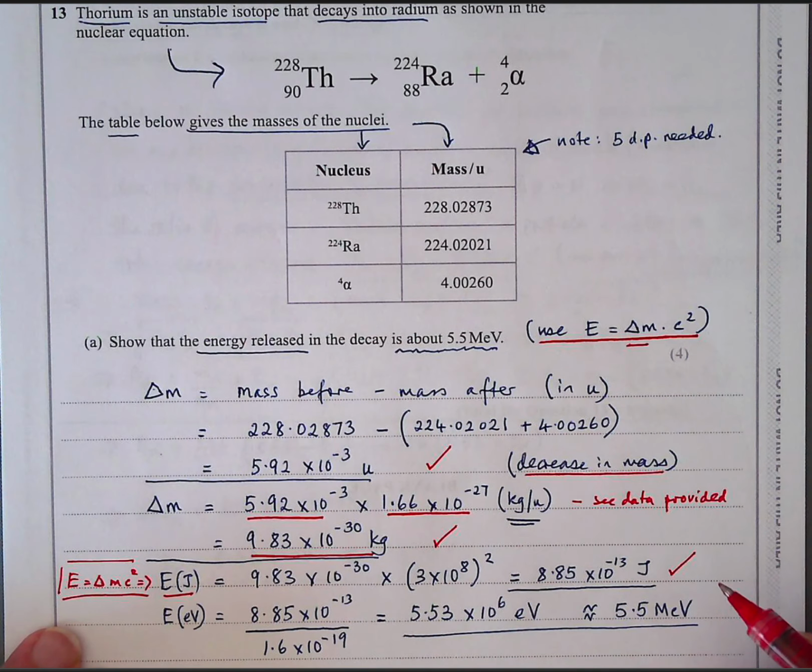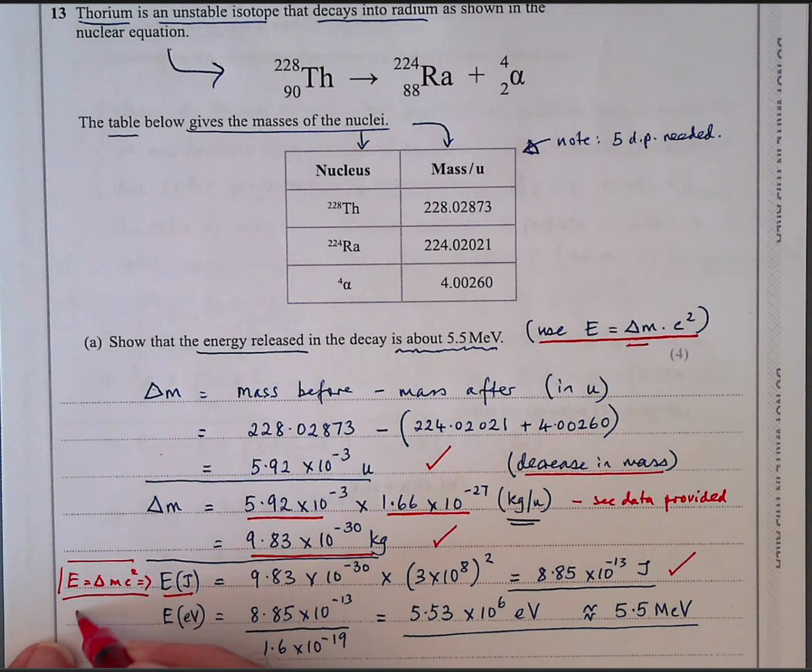And once you know the energy in joules, this equation is actually using E equals QV, where the energy in joules shows you the equivalent electron volts, which is this value, and the constant of proportionality between them is the electron charge.